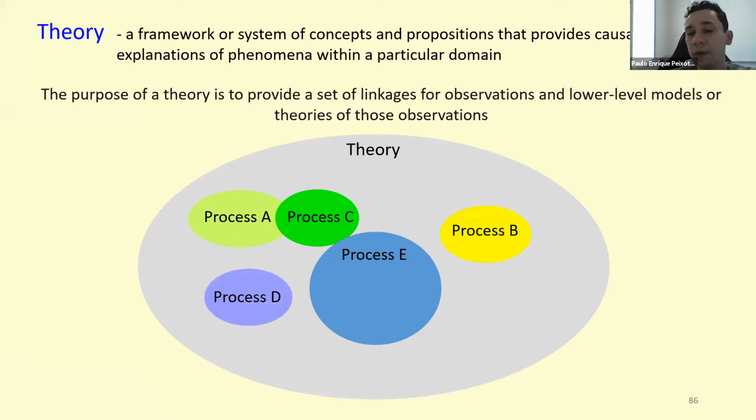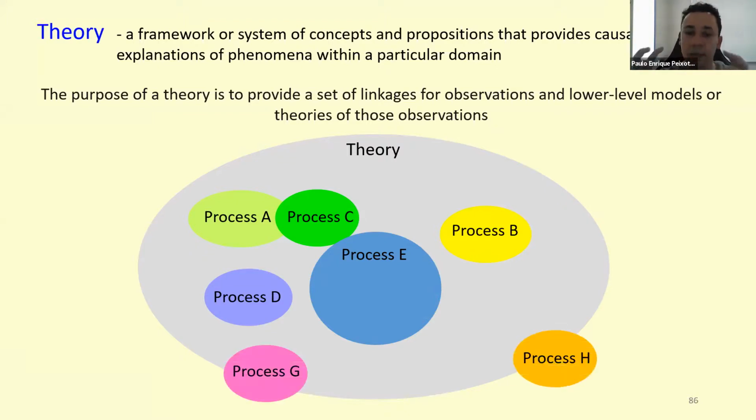It could have other less related processes, but they may be linked somehow. It may contain smaller processes that are only partially related to the theory, okay? So it is an arrangement of many different processes. Also, some processes may contain smaller processes inside them, okay? So this is the way I often see the theory, and my hypothesis is often located in some part of it. It is linked to the theory in some point, okay?